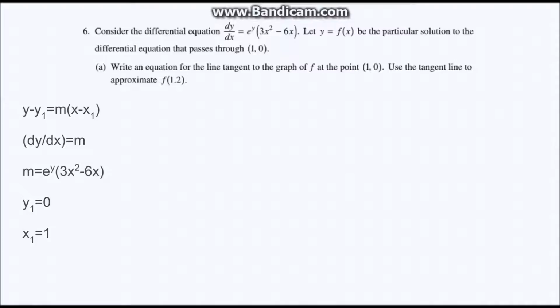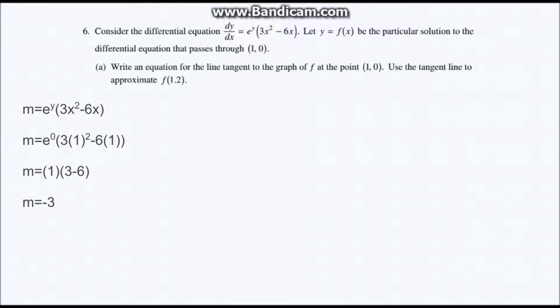So that means m equals e to the y times (3x squared minus 6x). Knowing that, we plug in y and x to get e to the 0 times (3 times 1 squared minus 6 times 1). And you get 1 times (3 minus 6), and then m is equal to negative 3.